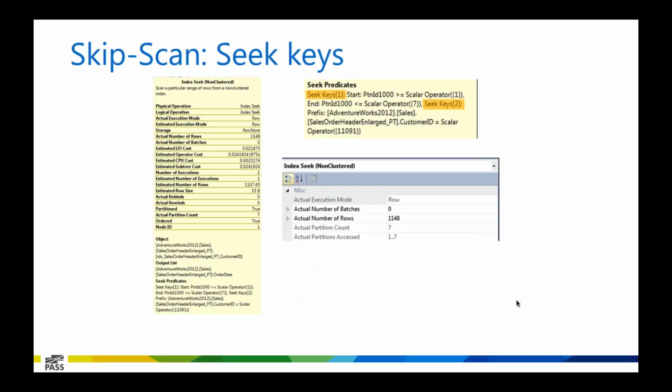Here's an example showing you how seeks work with a scan. With seeks that pop in here, there's actually a seek predicate that gets added, so this is partitioning working for you. Same thing, this is all behind the scenes, the optimizer is doing it for you.